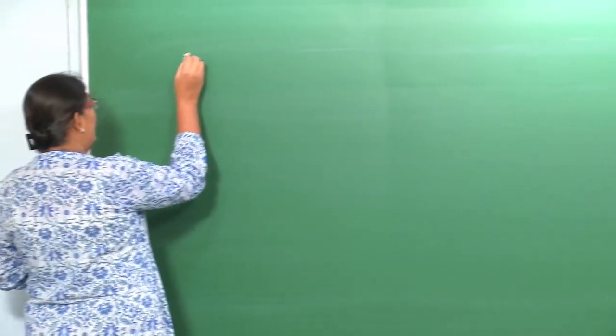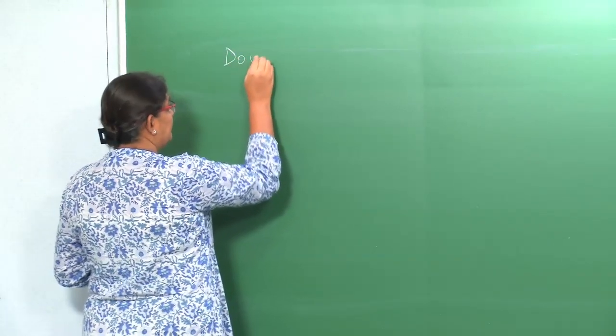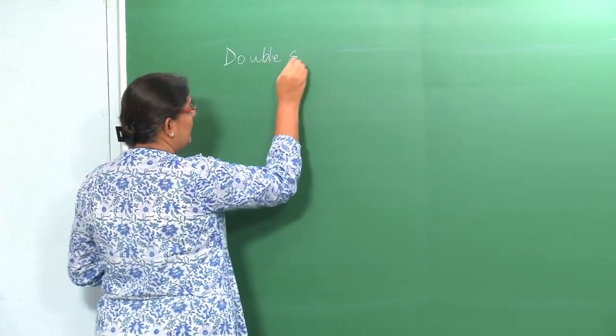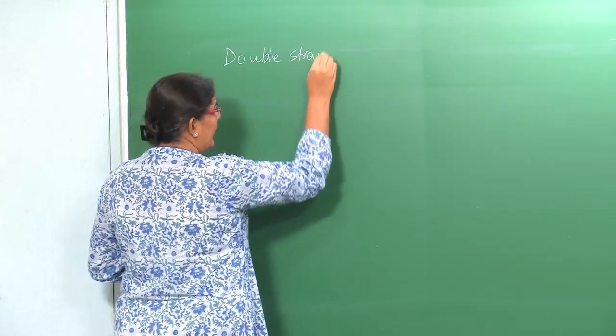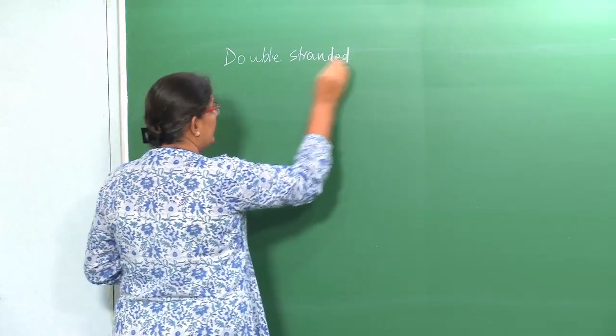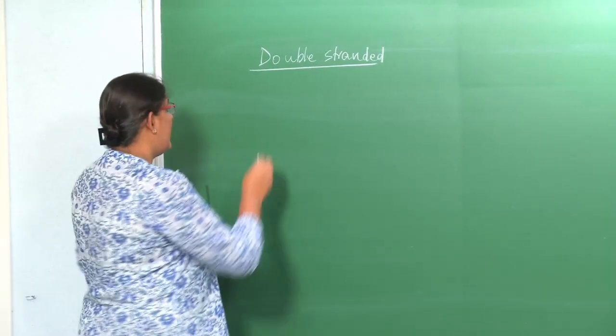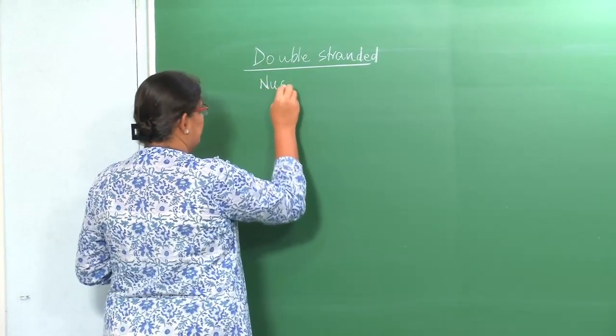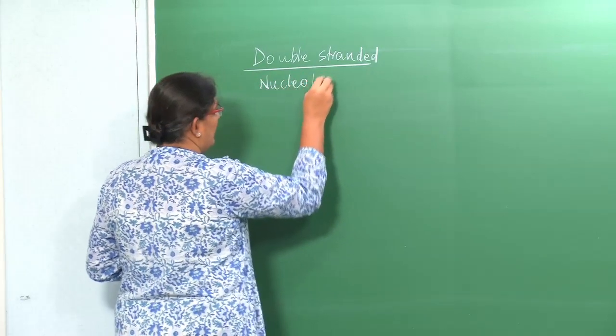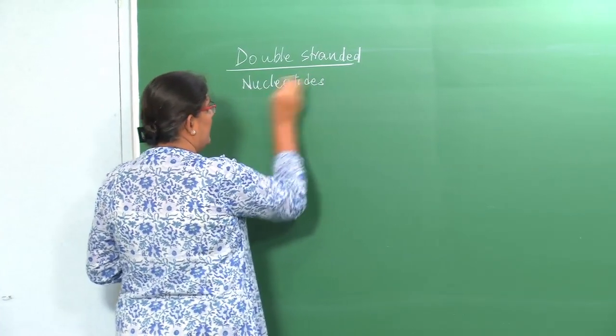Now, we all know that DNA is a double stranded molecule, right, and it is made up of smaller units which are called nucleotides.